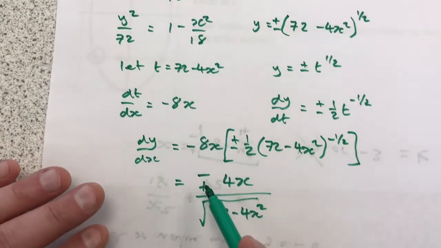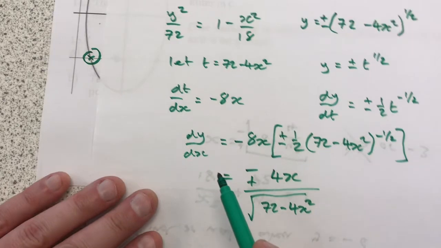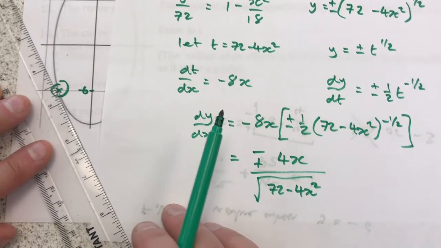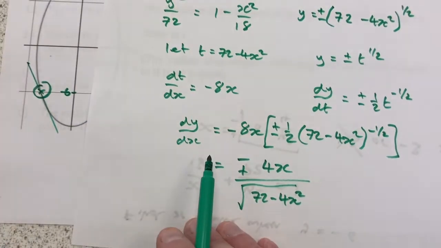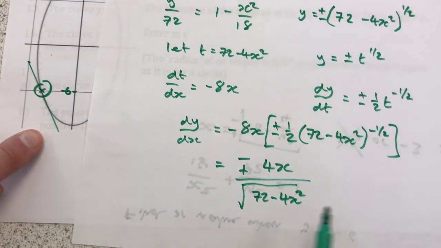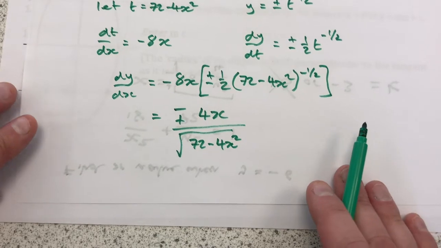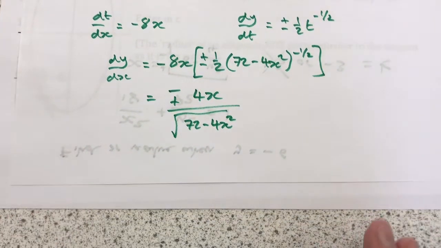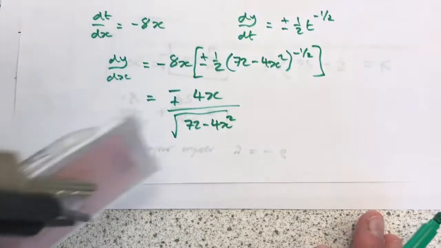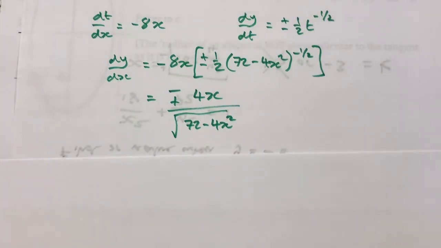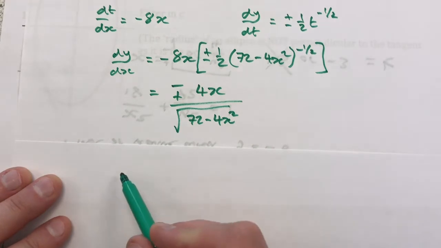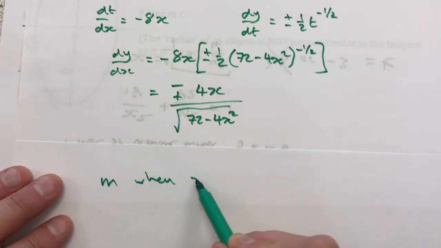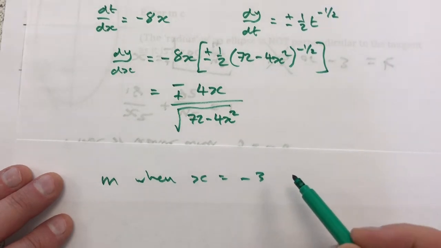Now, because it's plus or minus plus, we know from the diagram when x equals minus 3 that we're expecting the negative version of the two gradients that we're going to get. So the next job I have, I need some more paper, it's a big old question this one, is to find out what this gradient is going to be equal to when x equals minus 3.